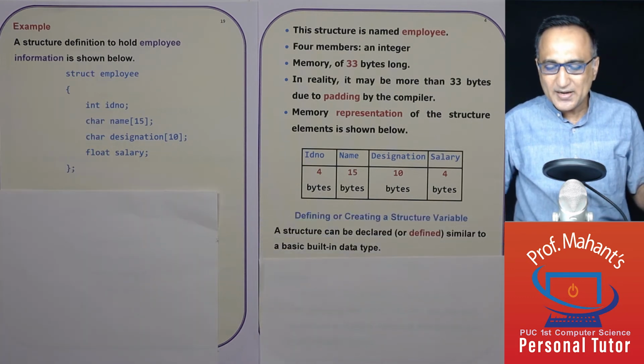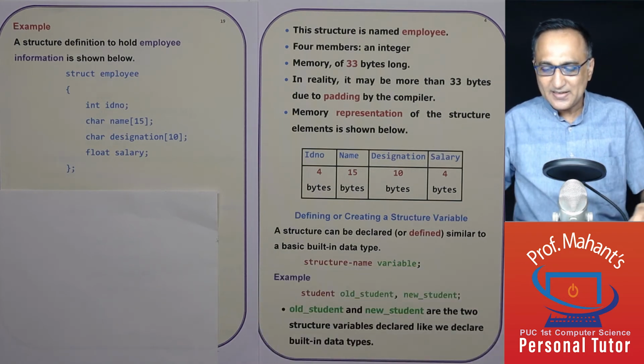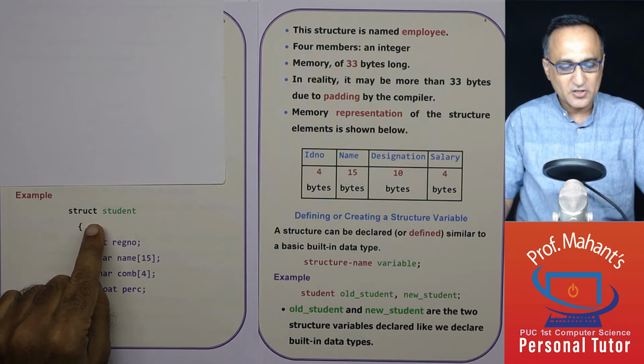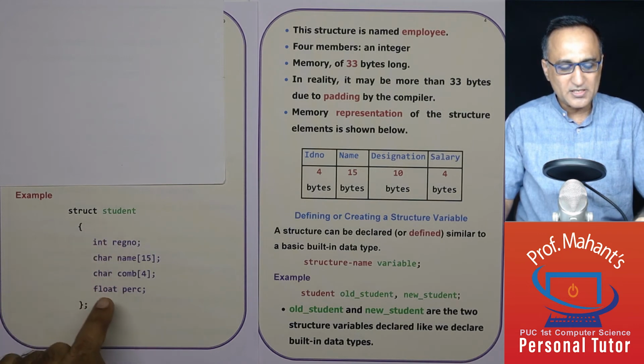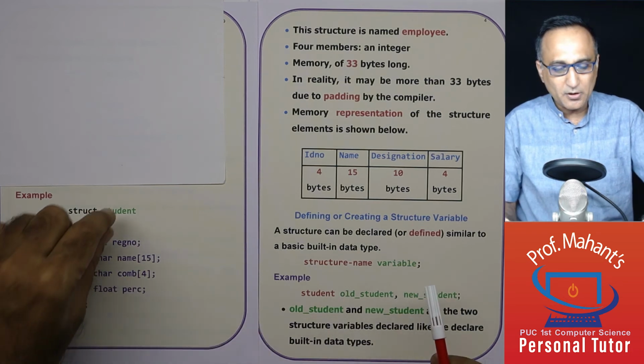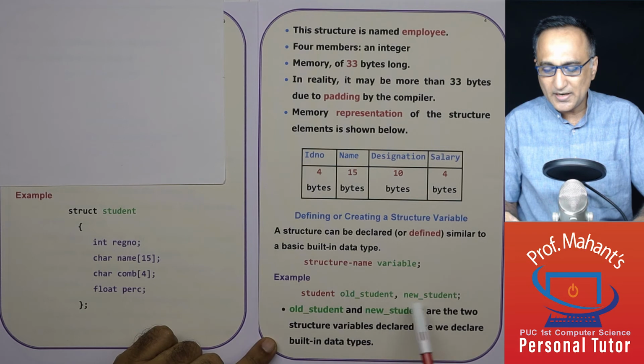Now let us see how we can create or define a structure type variable. Suppose we want to declare a structure type variable. Take a look at this structure definition, structure student, with all these members or fields. If I want to create a variable of this type, I can say student old student and new student.